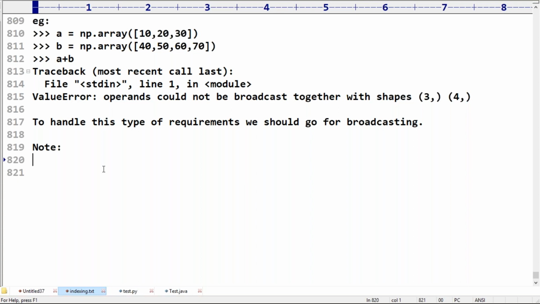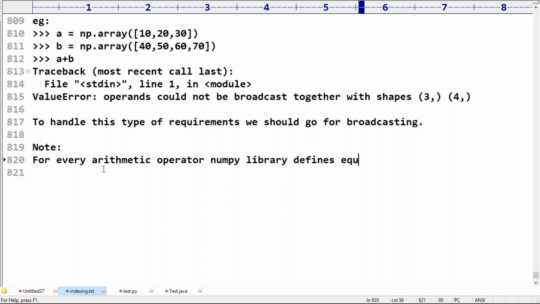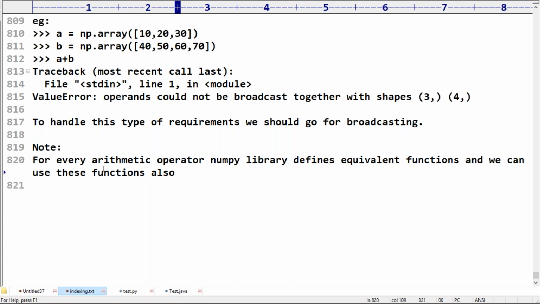For every arithmetic operator, the NumPy library defines equivalent functions, and we can use these functions also.